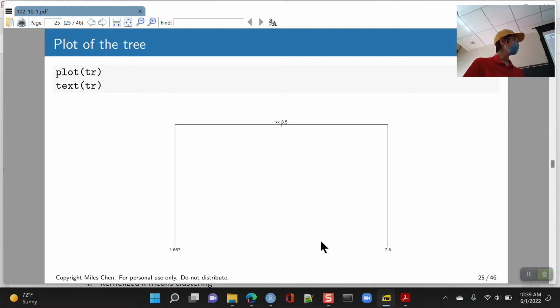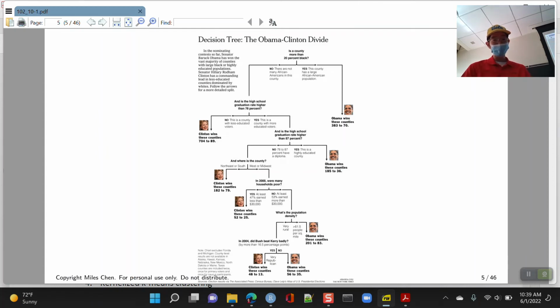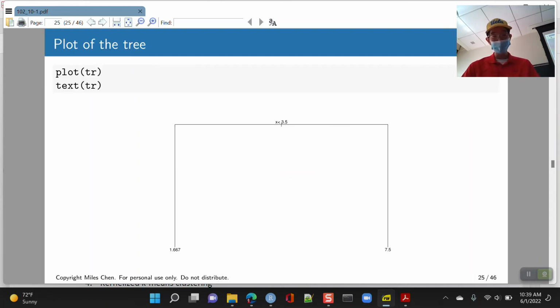You can create a plot of the tree. This is the most boring plot because it's just a binary split. But if you were to have something more complicated, like back on this slide, it would produce something like this, without the faces, but presenting something a little bit like that.